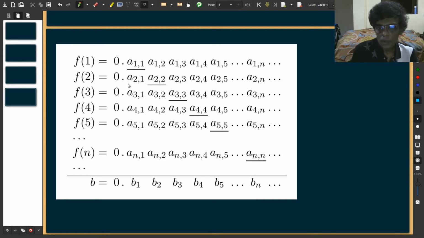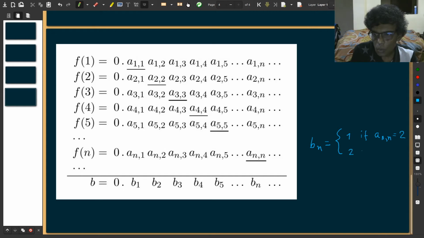So how? This is actually quite simple. For example, I can take bn equal to, there are 10 options, right, in decimal digits. So 1 if a_nn equals 2, 2 if a_nn is not equal to 2, or any such thing.